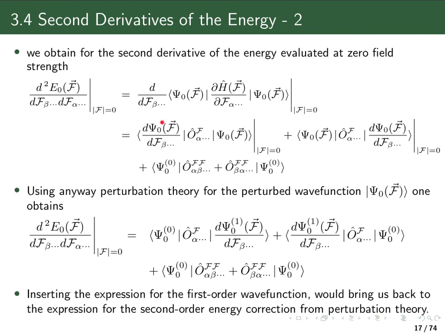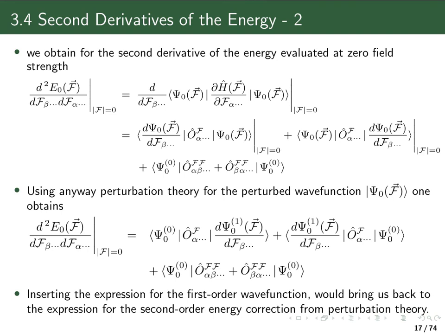Now, taking these derivatives again and evaluating at zero field strength, then means that here we will get the first order correction, we get the derivative of the first order correction to the wave function with respect to that field component here in the ket, which is this term, and here in the bra, which is this term, and that term, of course, stays as it was.